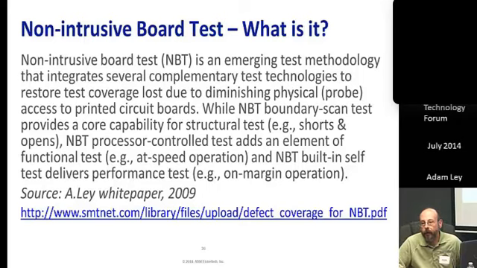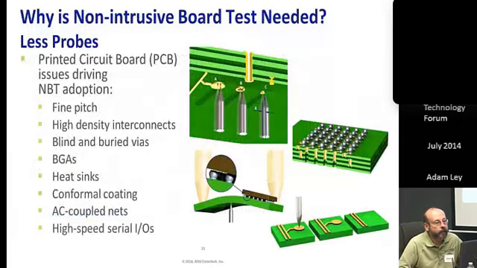So why is non-intrusive board test needed? I'm sure I don't have to tell anybody these days. We're all living these dreams or nightmares depending on which side of the coin you're on. Ever finer pitch and higher density interconnects lead to the inability to physically get enough probes onto the circuit to test all of the nets that are on the board.